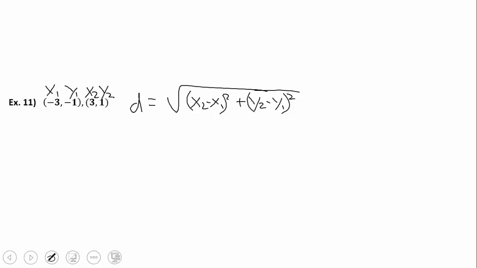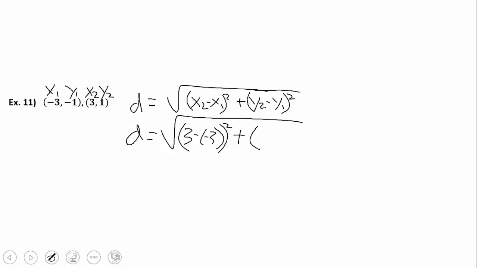We plug in the information, and we say that x2 is 3 minus x1 is a negative 3. And we're going to take that and square it. Add that to y2, which is 1, minus y1 is a negative 1. And we're going to square that.